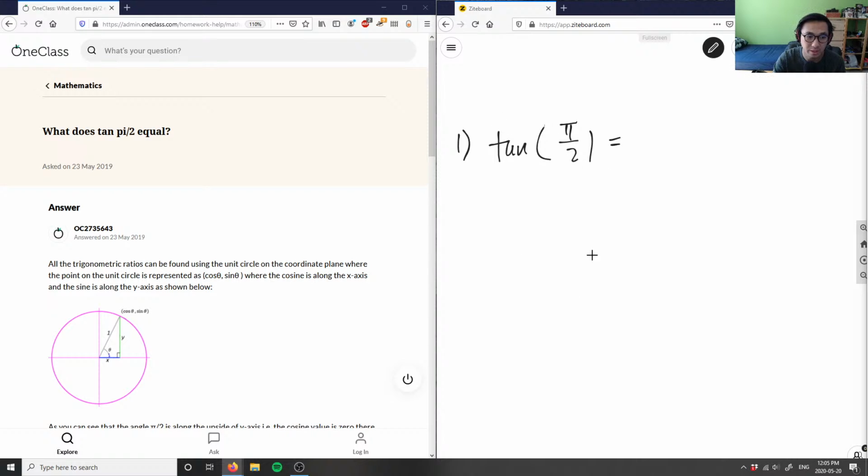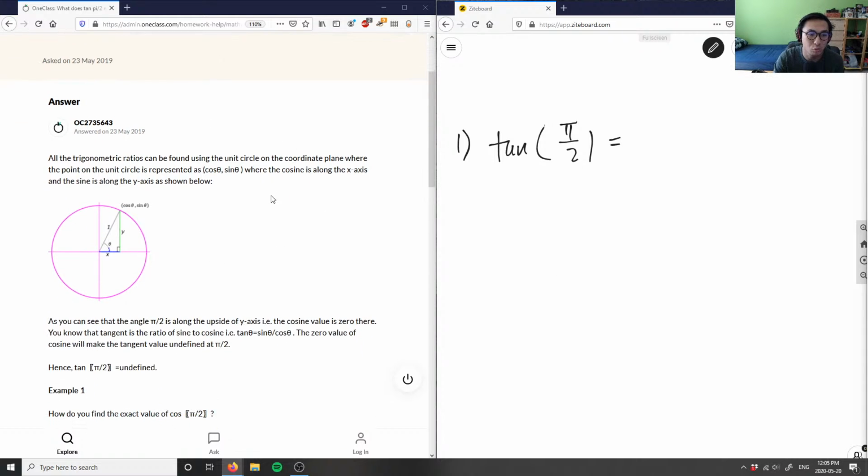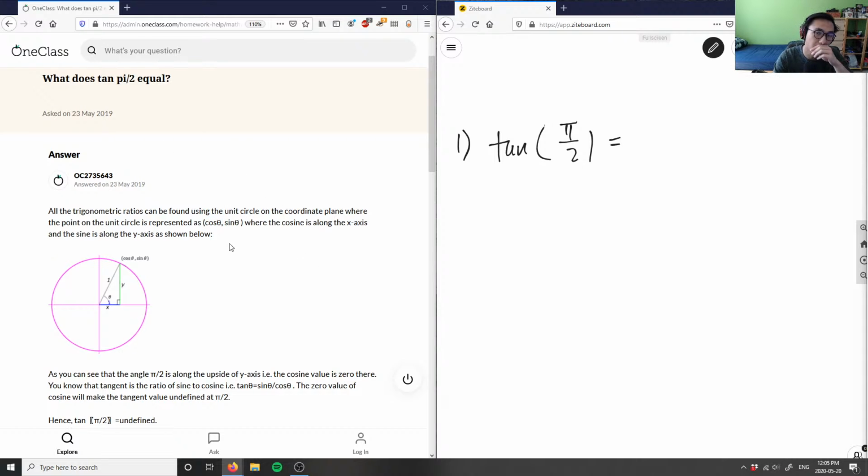We can use a triangle and figure out what the angles are. Let me draw out a triangle for you, but actually we'll go over this unit circle first, and then we'll figure out what it means for tangent.